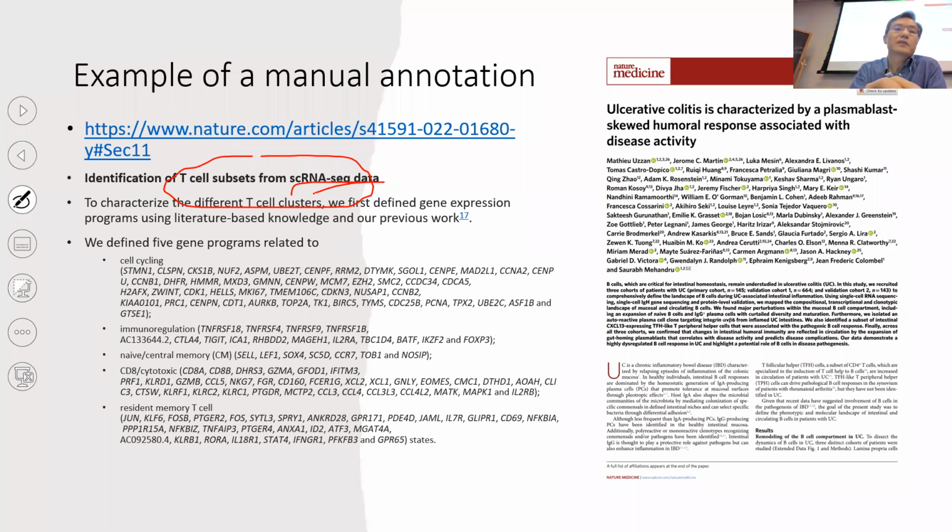And I think today the manual annotation is still mainstream. You don't want to completely rely on automatic annotation tools to give you the final assignment of cell types for your precious single cell data.